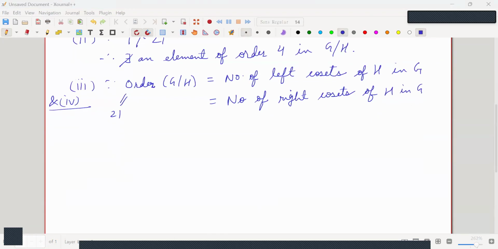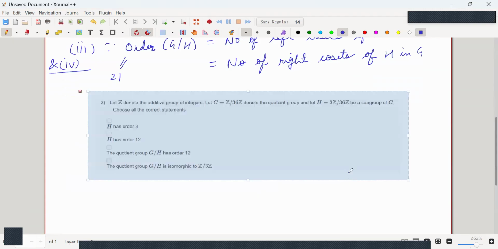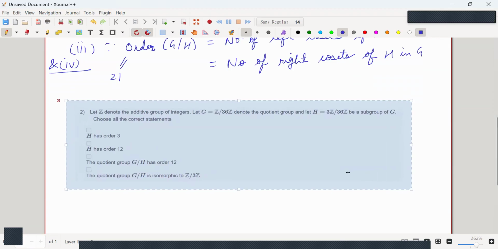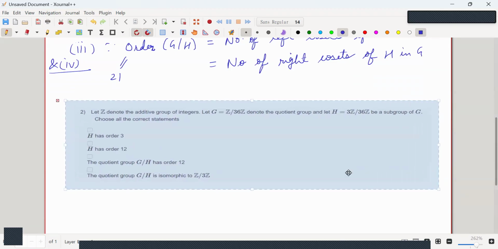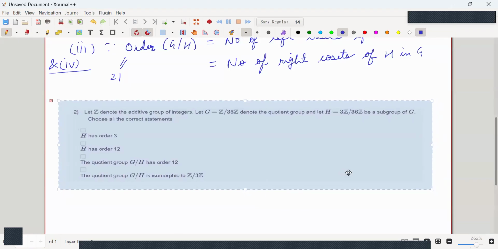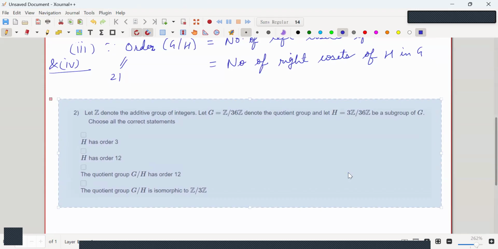Let me paste the question here. Z denotes the group of integers, and Z by 36Z is our G. The subgroup H is 3Z modulo 36Z.